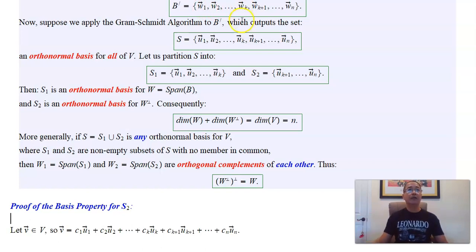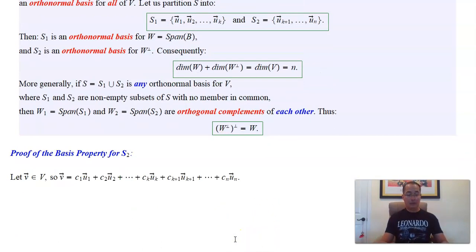But we can also do it for every vector U1 through Uk, because that is another basis for W. Here is a generic member of our vector space. We know it can be written as a linear combination of our final basis vectors, U1 through Un. So what do we have to do?